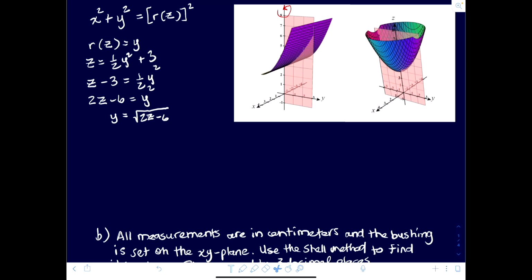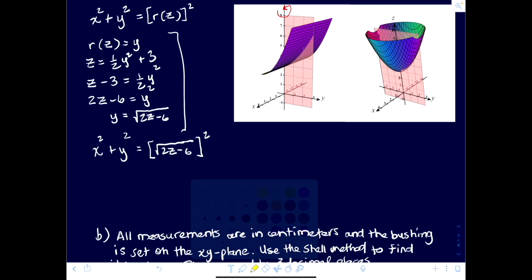So this is all sort of side work. All right. So now we will have x squared plus y squared equal to R at Z, which remember is Y, the quantity squared. So the square root of 2Z minus 6 squared.